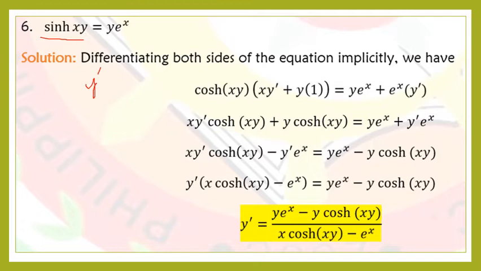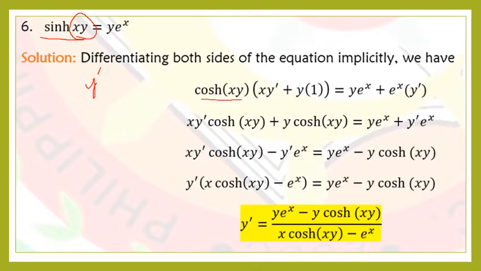The derivative of sin h of xy, class, is hyperbolic cosine of xy times the derivative of xy. Because this is our u, and the derivative of the hyperbolic sine function is cosine h u times du, where u is xy.